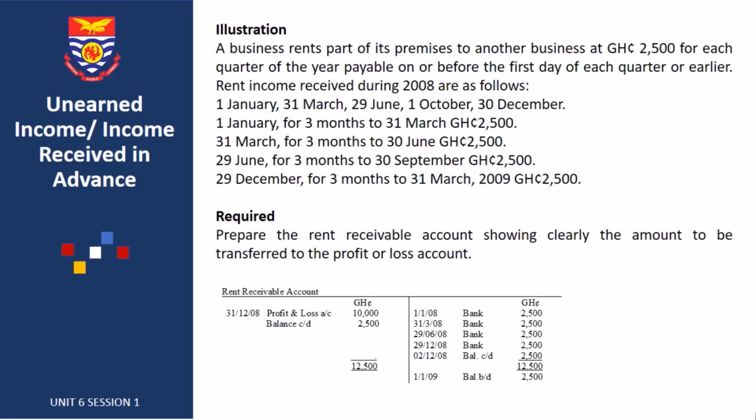The transfer to profit or loss account for the year ended 31st December 2008 will be 10,000 Ghana cedis, and the additional 2,500 will be earned in 2009. On the statement of financial position, the amount of rent received in advance will appear under current liabilities as rent received in advance or unearned rent income.